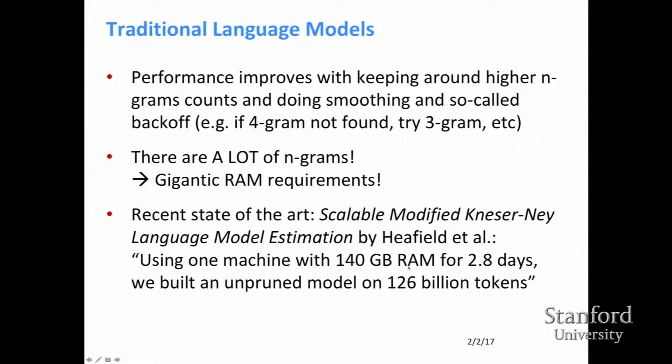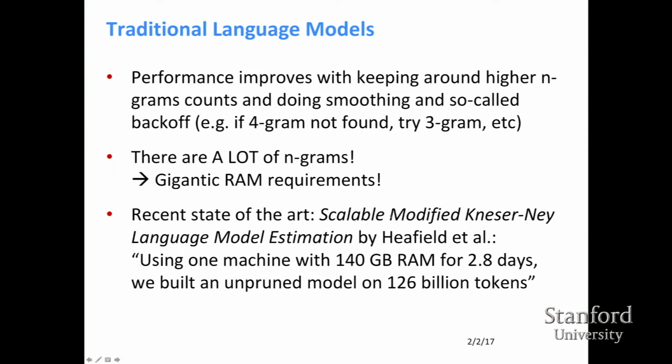So it's very inefficient in terms of RAM, and you would never be able to put a model that stores all these different n-gram counts in a phone or any small machine.